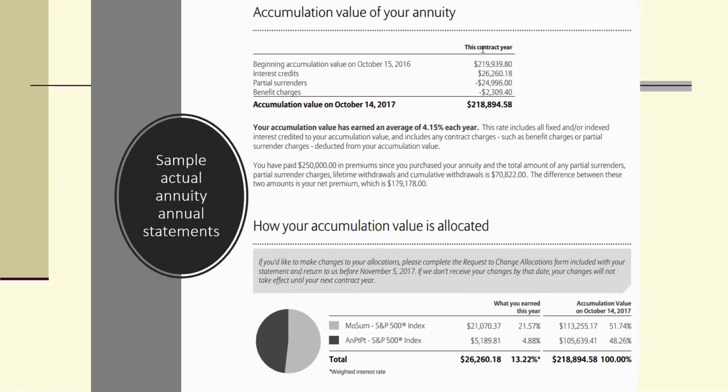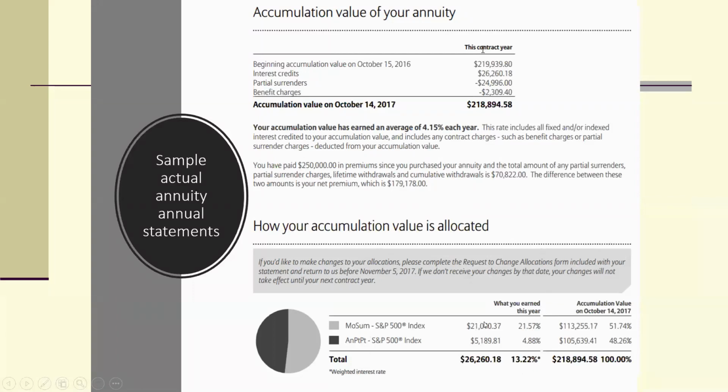This is another example of another annuity, and this particular starting place here was $250,000. That person has withdrawn roughly $71,000, so their actual net premium would have been about $180,000. And this past year, during that same period, that person would have enjoyed an interest credit of 13%.